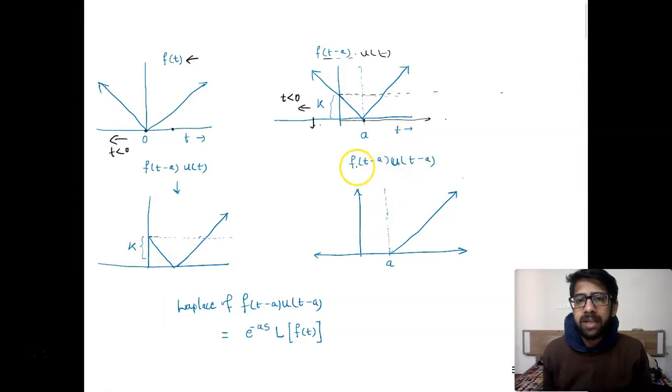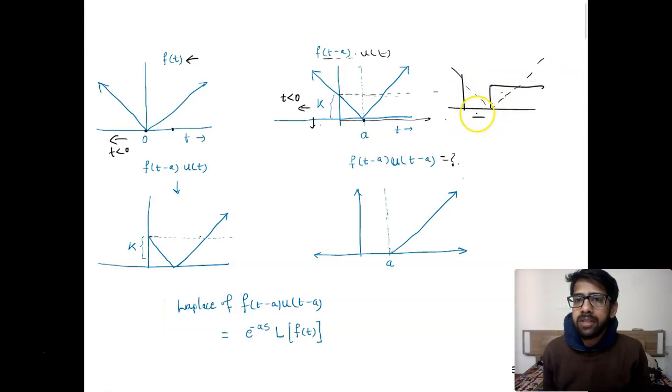What if I multiply f of t minus a by u of t minus a? So how will it be done? u of t minus a will look something like this. At the same time, even f of t is starting. Alright.